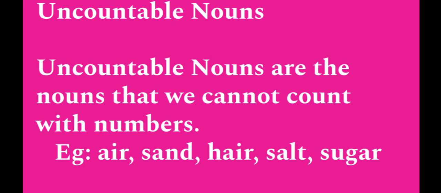Can we count air? No. What about sand? Never. What about hair? No. What about salt? No. What about sugar? No. Okay, these are uncountable nouns. That means we cannot count with numbers.